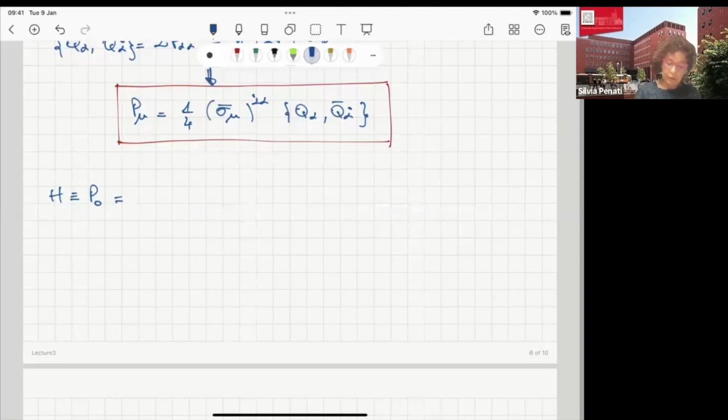So by definition, this is 1/4 sigma bar 0 alpha dot alpha Q alpha Q bar alpha dot. However, we know that sigma bar 0 is the identity, the way we define the identity.